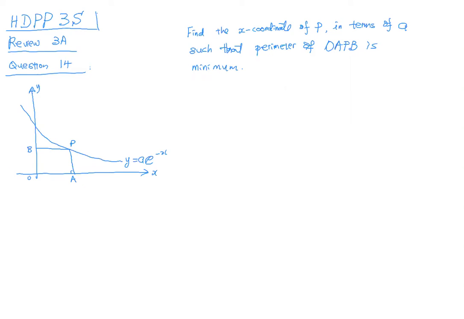The curve y equals a e to the power of negative x squared. Okay, so I just want to ask you, what is the requirement of this question? What are you trying to find?